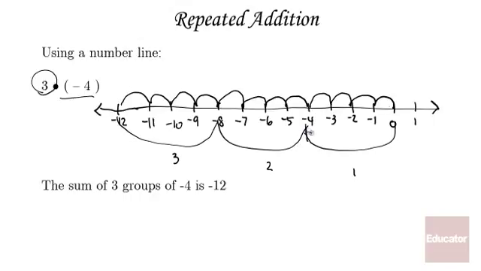Within each of these groups, there's a value of -4. So 3 groups of -4 ends up at -12. 3 times -4 equals -12. So we're adding 3 groups of -4. The sum of 3 groups of -4 is -12.